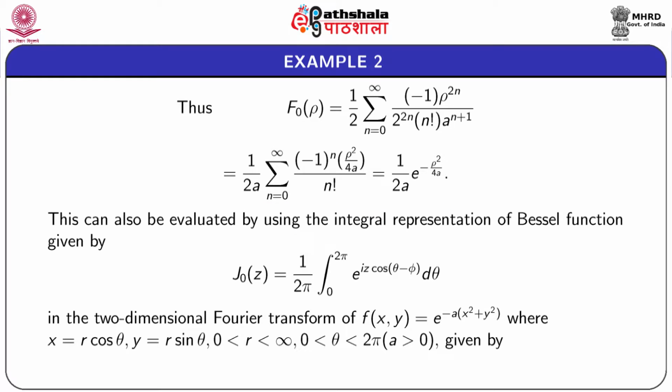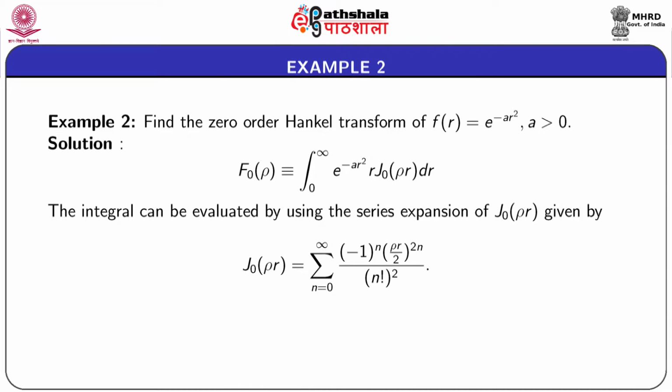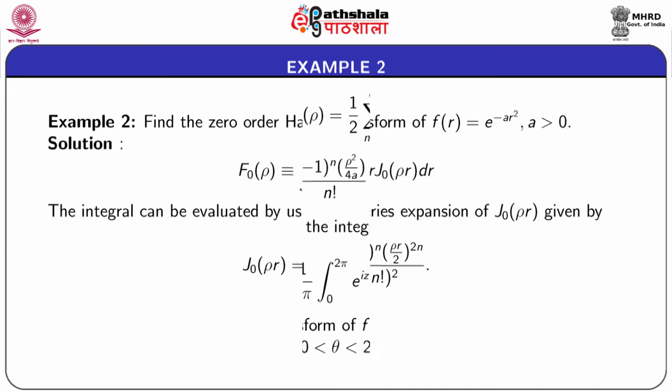So, we have obtained the Hankel transform of the function f(r) equal to e to the power minus a r square.